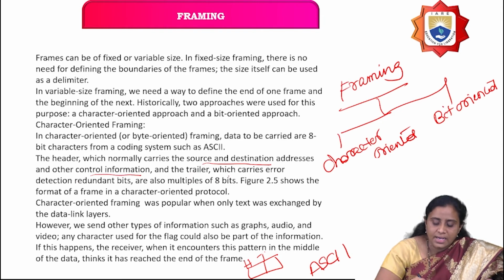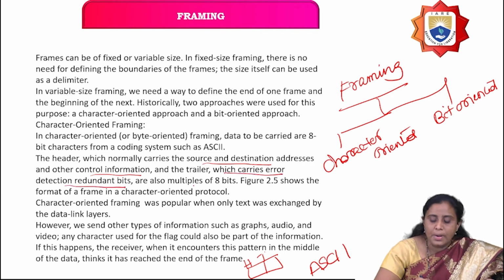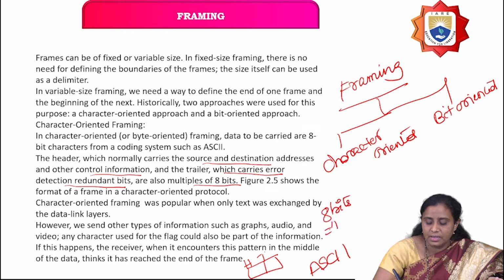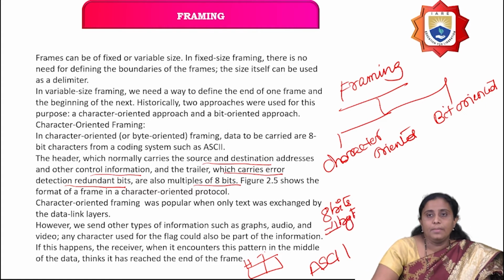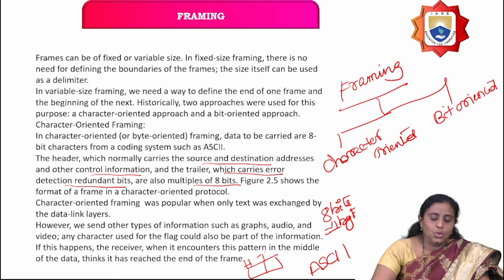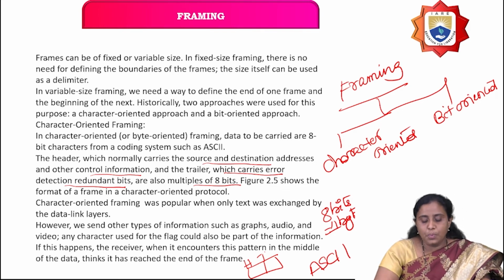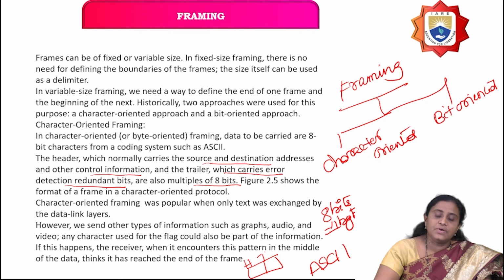The trailer carries error detection redundant bits, in multiples of 8 bits. 8 bits is equal to 1 byte. The figure below shows how character-oriented framing works, and it was popular when only text was exchanged by the data link layers.